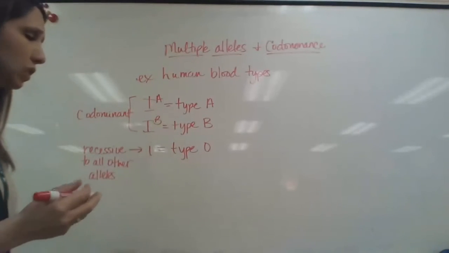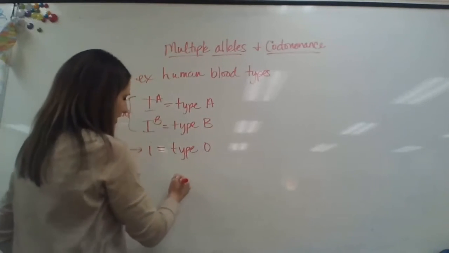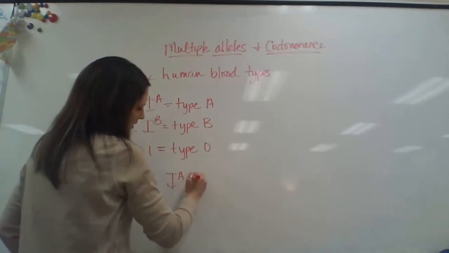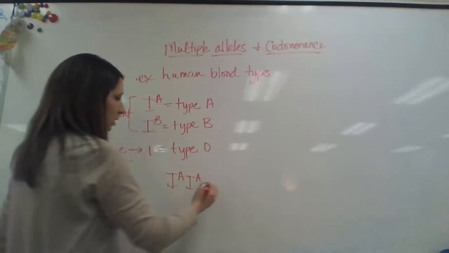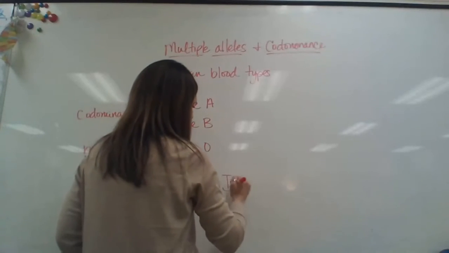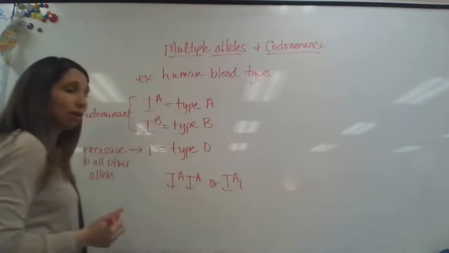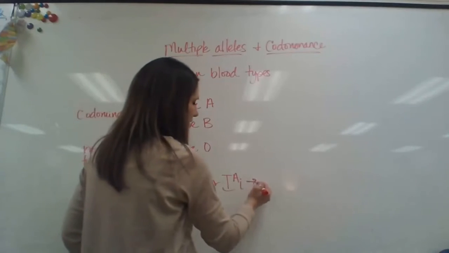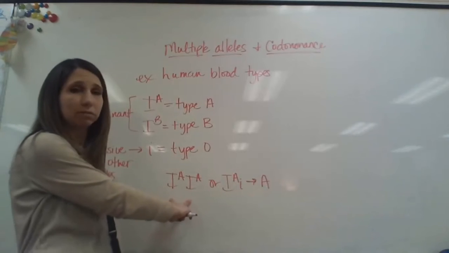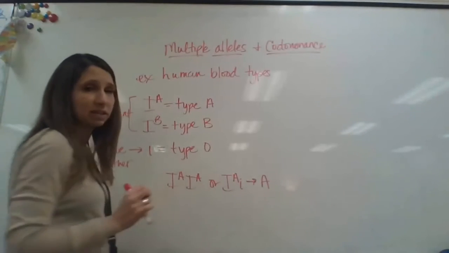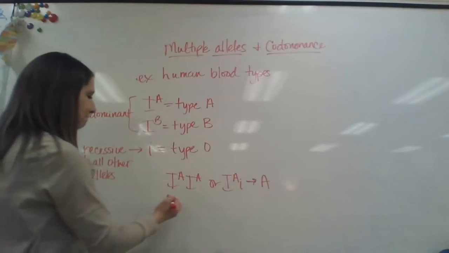Okay, so if we have an individual that is this, they're going to be blood type A. If we have an individual that's this, they're also going to be blood type A, right? Because they have that A allele, and they either have 2 of them and are homozygous, or they have an A allele and a recessive, and they're still going to be A.